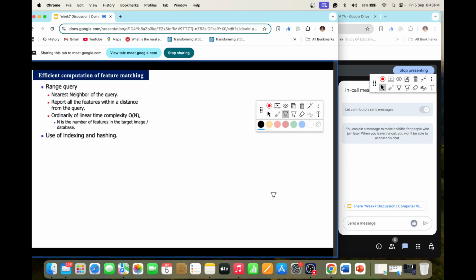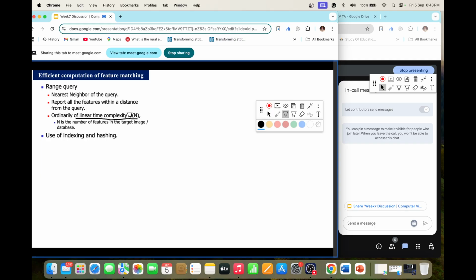Efficient computation of feature mapping. Whenever we are talking about feature mapping, there is a lot of computation. Whenever we are talking about nearest neighbor, we are doing an ordinary linear time complexity, O(N). It is related to computer science: every operation that we do has a type of complexity associated with it.